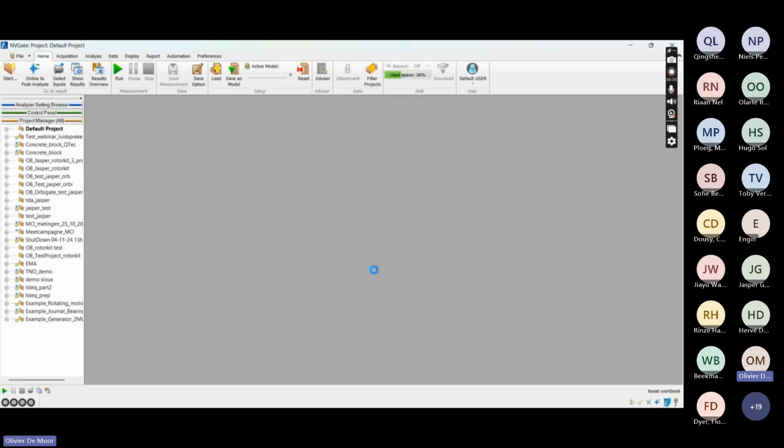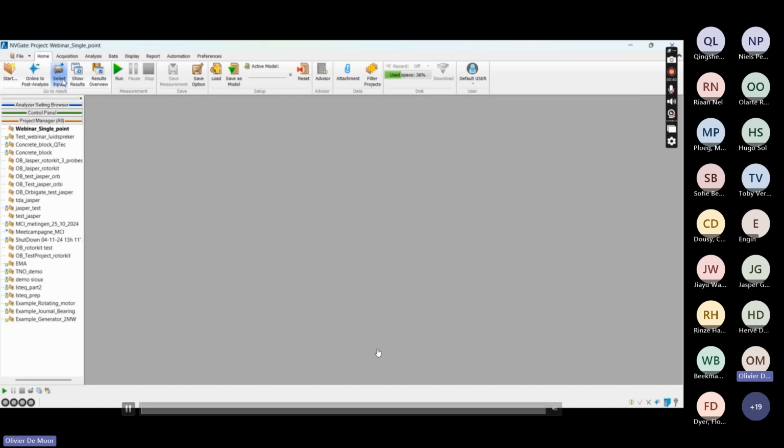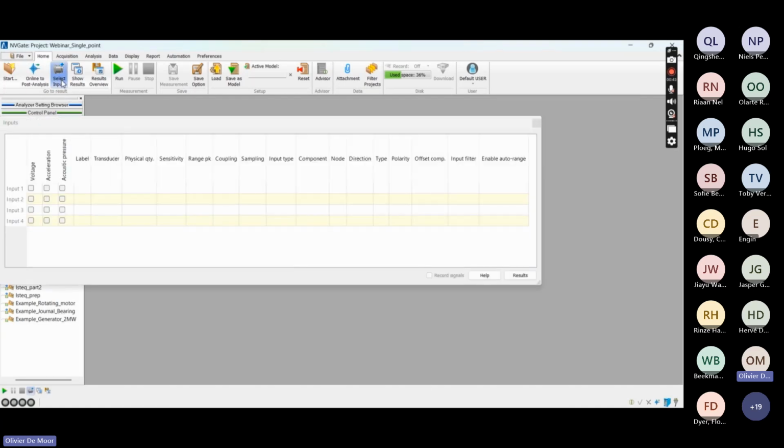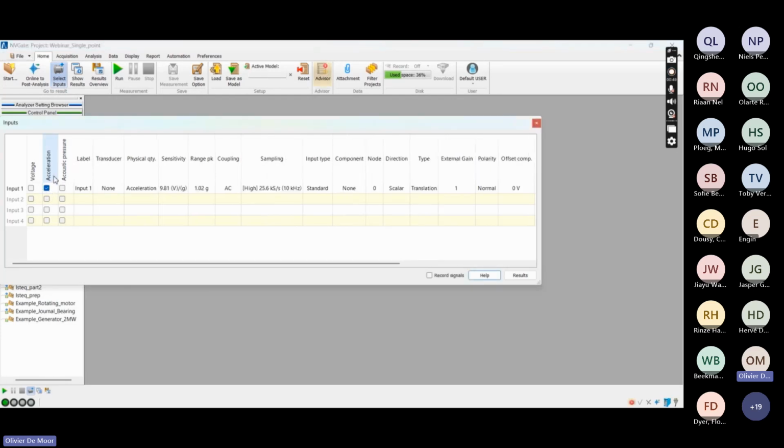So then we start, and the first thing we need to do is to configure and select the inputs. Depending on which sensor or transducer you are using and which physical quantity it will measure, you can set it up all here. Also the sensitivity. It's also possible to select transducers that you have already loaded in your database.